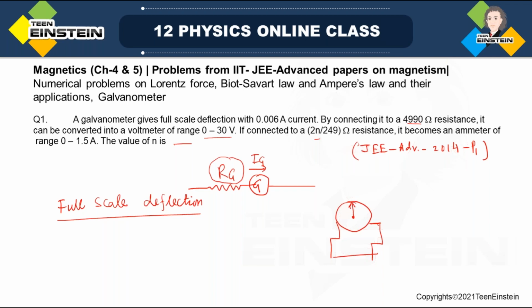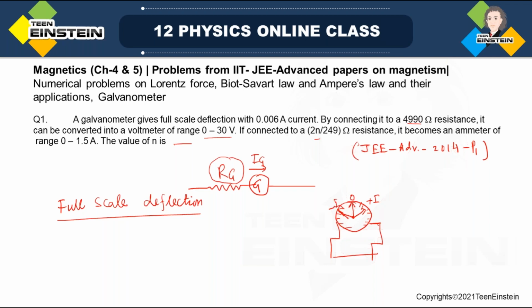And there will be graduations or scale divisions of current. This will be 0 or neutral, and this way there will be some divisions of current. This way also there will be divisions of current, and throughout the divisions are the same. If it deflects towards this side, then the current is positive, and if the deflection is in this direction, then the current will be negative.